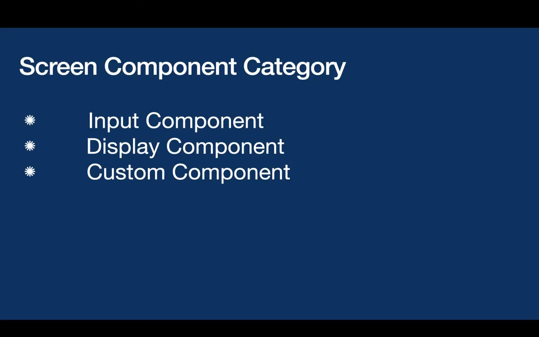So just to display the information to the user. Okay. And then we have a custom component. So this includes a component that maybe you build or someone else has created, or you can install the component from the AppExchange package as well. Okay. So now let's switch over to the Salesforce org, and where we will see all these components in action.